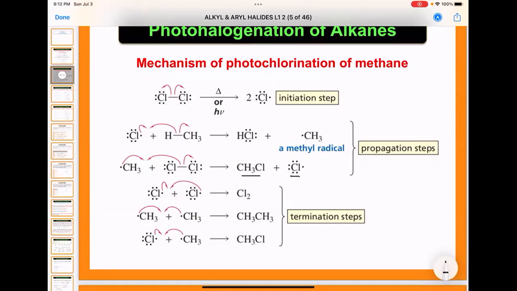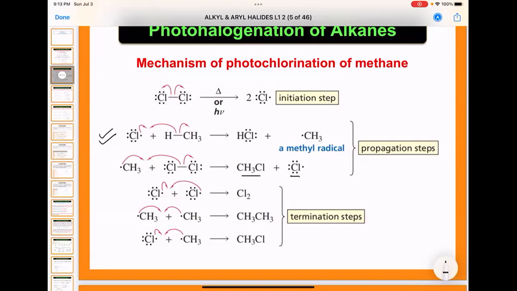No, initiation is not the rate determining step. We can prove that. The rate determining step is actually the breaking of H by Cl radical. This is the slowest step.